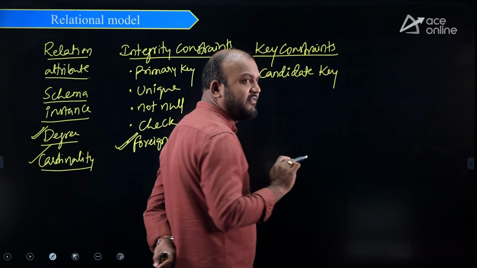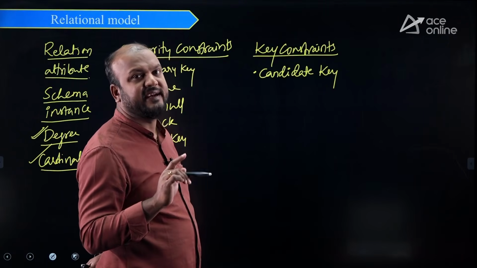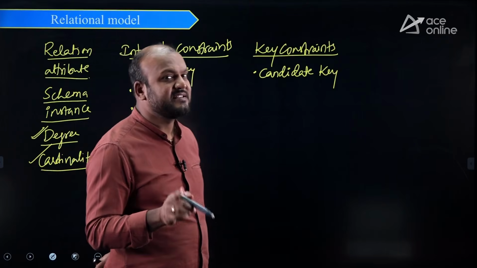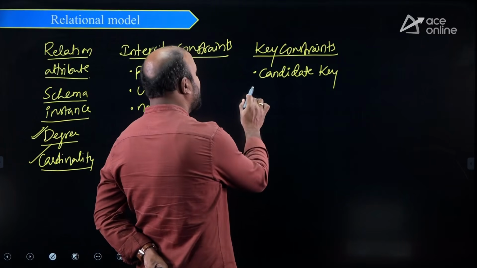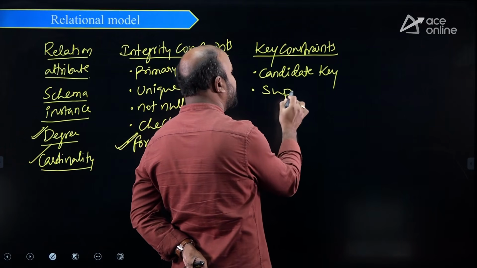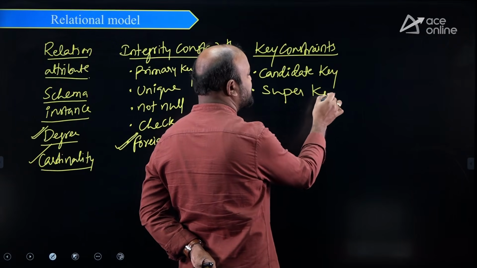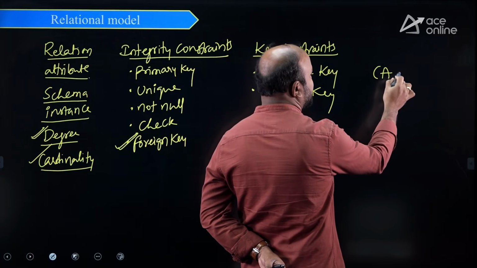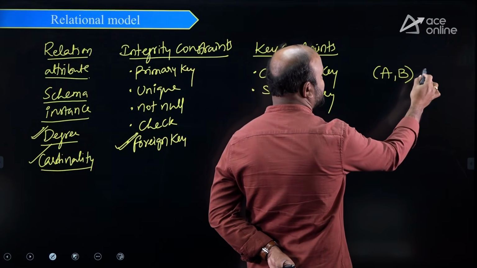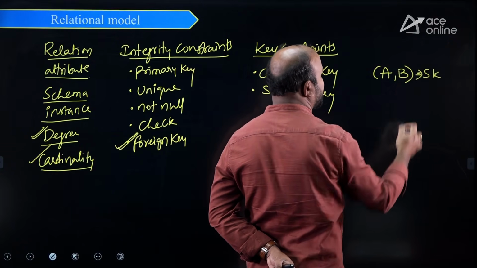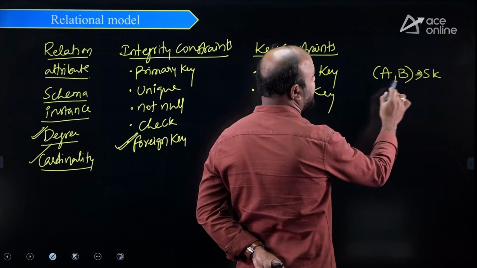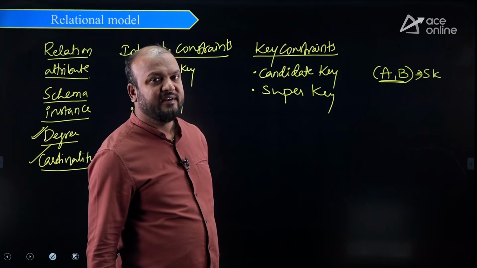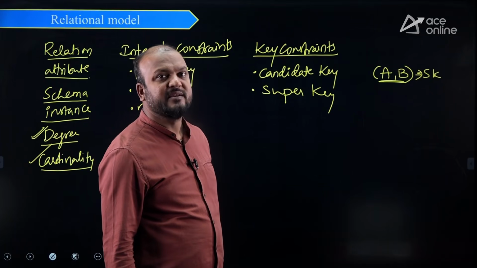It is a set of attributes which uniquely identifies a tuple, and that set of attributes which uniquely identifies a tuple is called a super key. And if that super key is minimal, then it is called a candidate key. Assuming A and B attributes together is a super key, when can we call that super key a minimal super key?